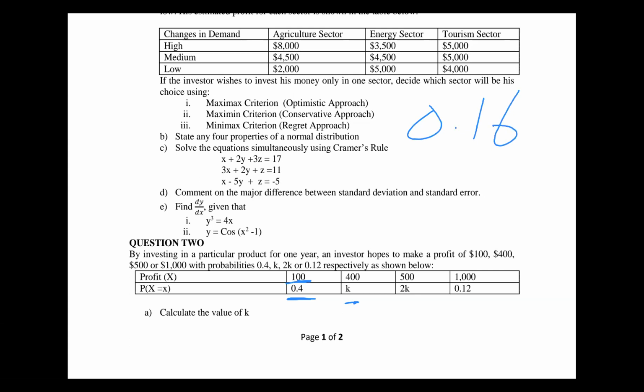We know that the probabilities for the experiment sum up to 1. So we added 0.4 plus K plus 2K plus 0.12 to be equal to 1 and solved the equation. We got that K is equal to 0.16. So where there is K, you put 0.16. Then you multiply each probability times its profit, that times that, that times that. Then you add them together.